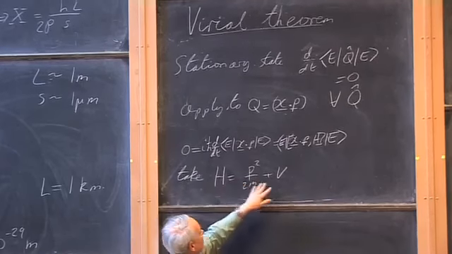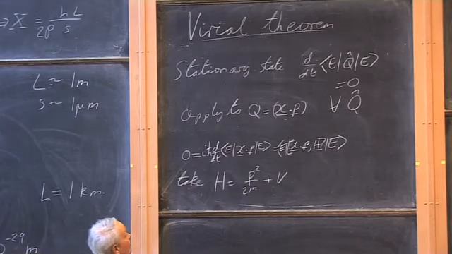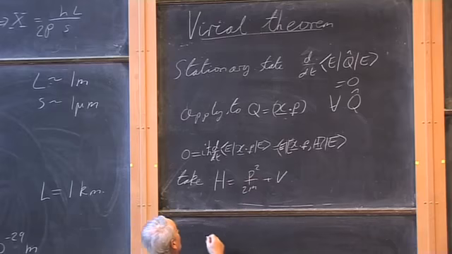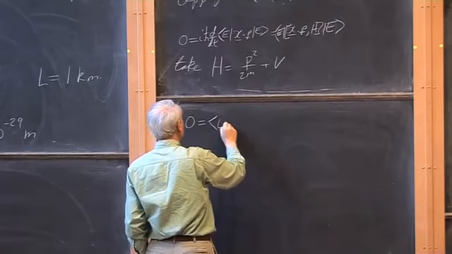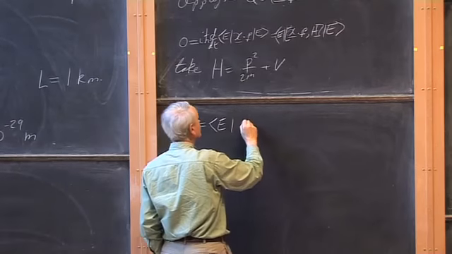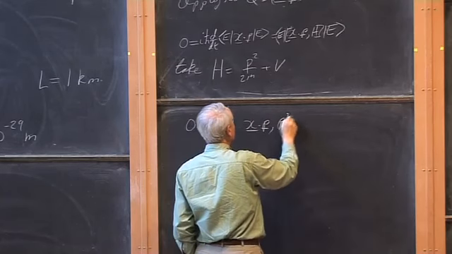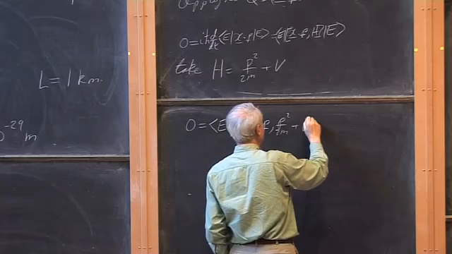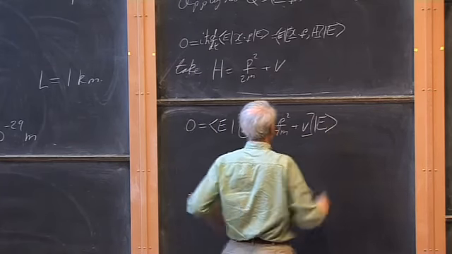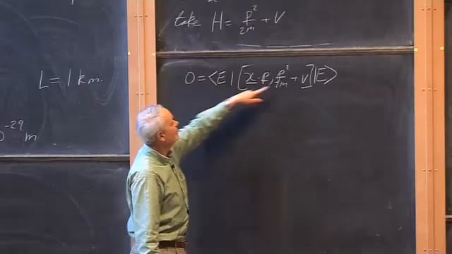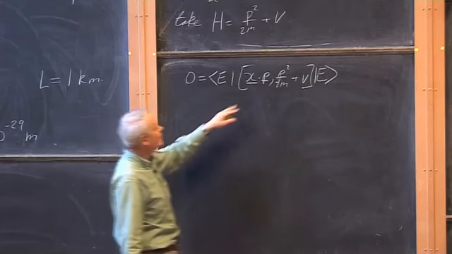So we'll take the Hamiltonian to be of that form, which is a pretty useful form, and stuff it in there, and we're going to have that naught is equal to the expectation of the commutator of x dot p with p squared over 2m plus V. So now we need to work out what this commutator is, and this is where we get a bit of practice in using the three-dimensional generalization.